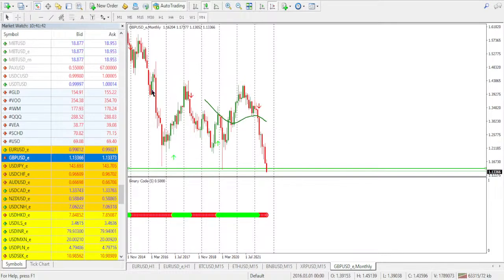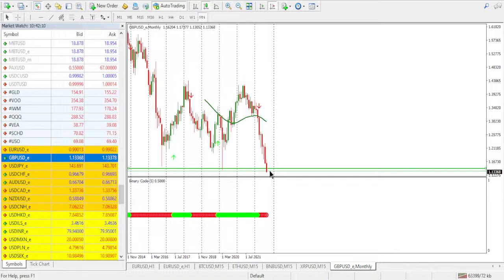You can see from this point, this was in 2015, we had a very good long-term sell. Then the following year we had a correction, slight correction, then we had a bullish move. Then from the year 2021, we had a slight move downwards, and currently the price has gone way below.